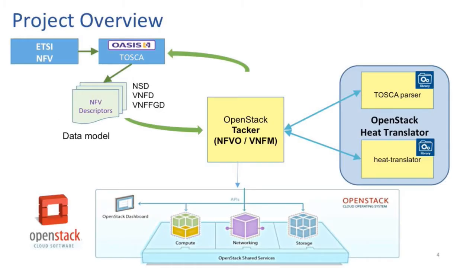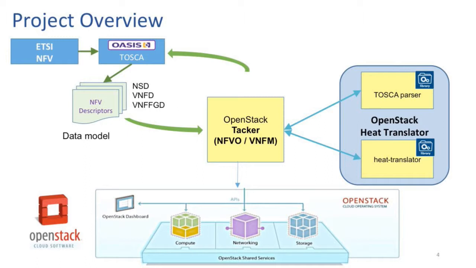This is sort of a process diagram more than a functional diagram. The basic data model is focused around TOSCA, VNFDs, NSDs, and forwarding graph descriptors. The input for that comes from the NFV and OASIS TOSCA organizations.